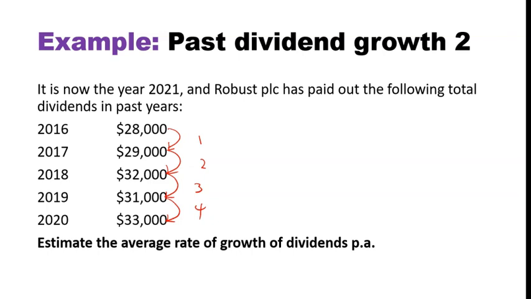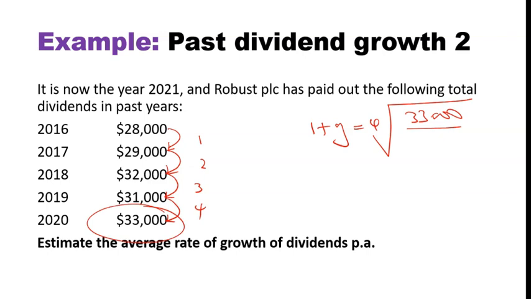So we come here and say 1 plus g is equal to the 4th root of 33,000 over 28,000. 33,000 is the current dividend, and 28,000 is the dividend n years ago, which is 4 years ago.